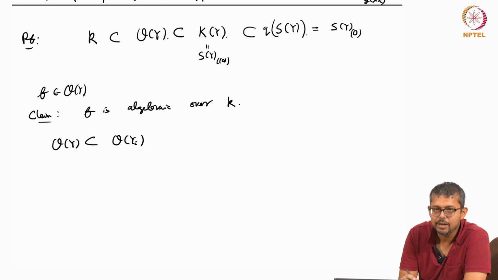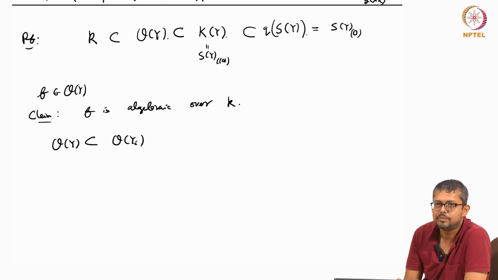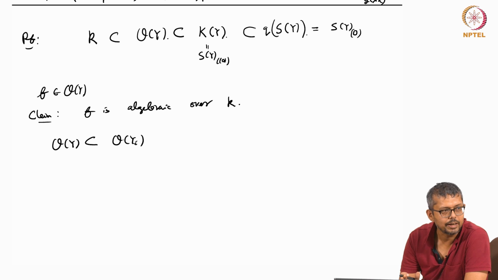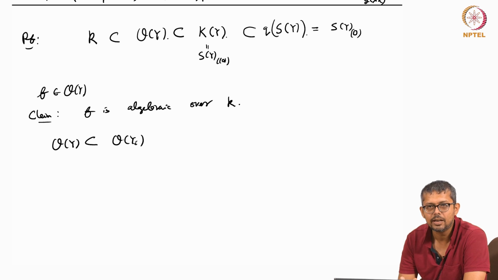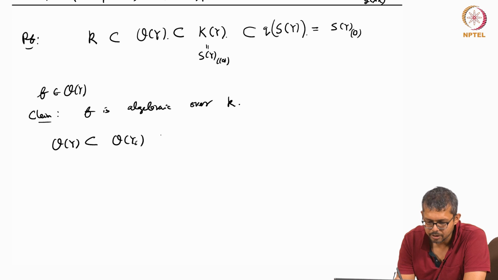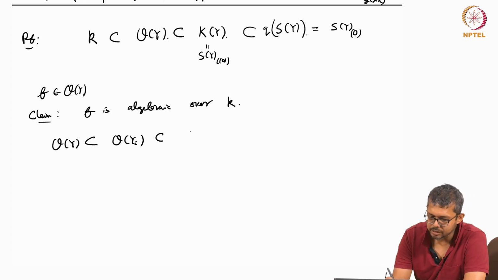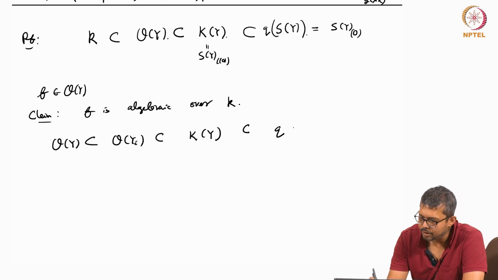Now because Y is irreducible, I can restrict to Y_i. Now you see that this is an inclusion: if f restricted to Y_i is the same as g restricted to Y_i, then f has to be equal to g. This we have seen. This is an inclusion. And this O_{Y_i}, of course, is in K_Y, and it is in the quotient field of S_Y.